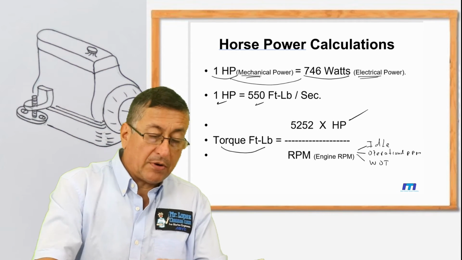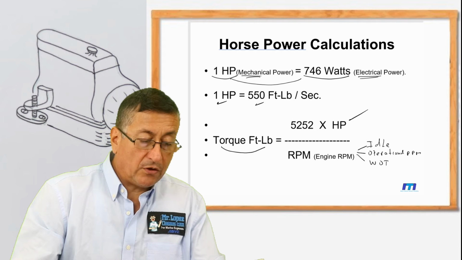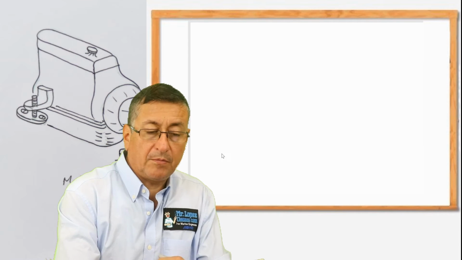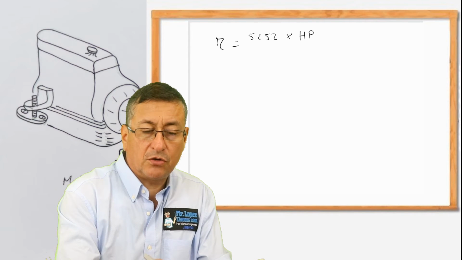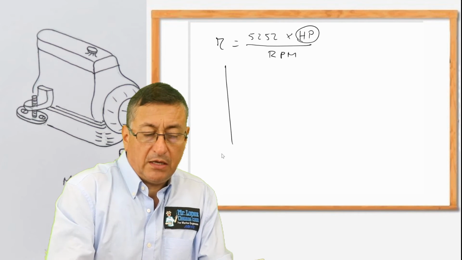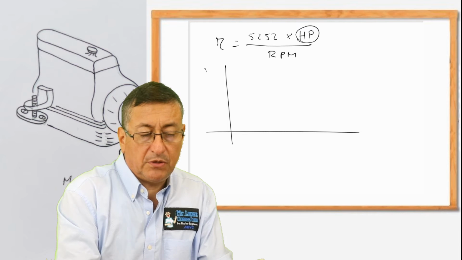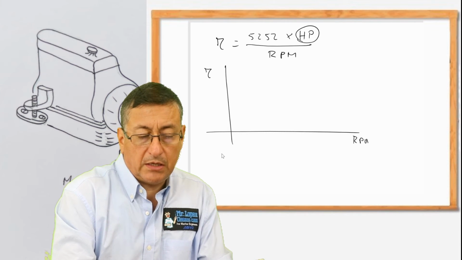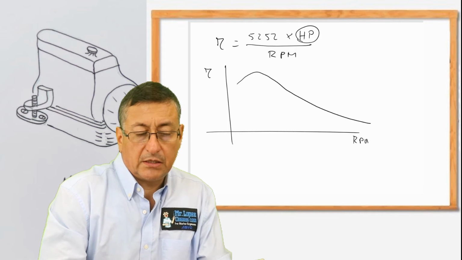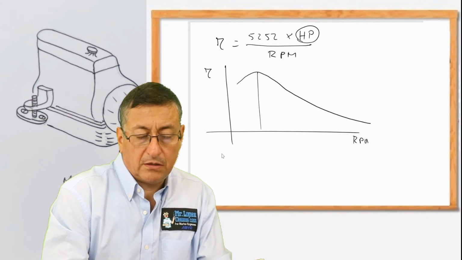Yes, my friend, remember that the curve of the torque is like this. Torque is equal to 5252 times the engine horsepower divided by the engine RPMs. And normally, if you do the graphic between the torque and the engine RPMs, the graphic is like this. This is idle.